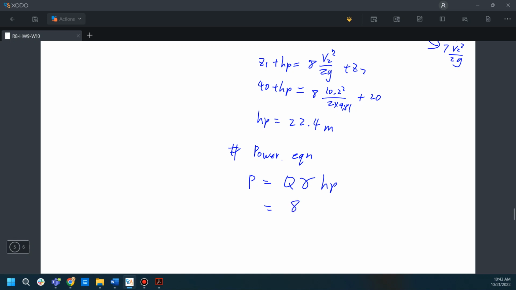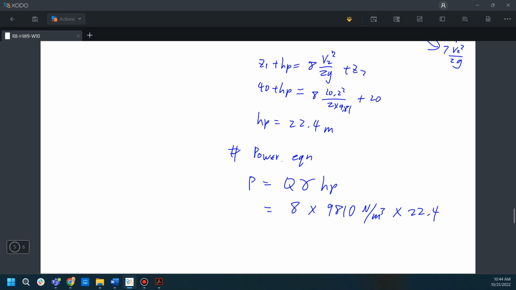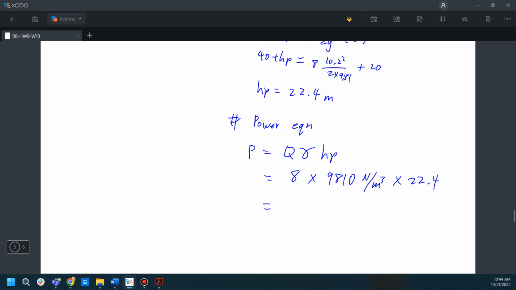And Q is already known, it is 8 cubic meter per second, times gamma, which is 9810 Newton per cubic meter for water, and times the pump head that we just solved, 22.4. This gives us the power equal to 1.76 million watts. Done.